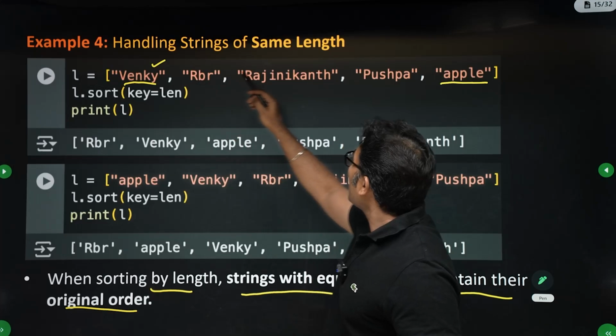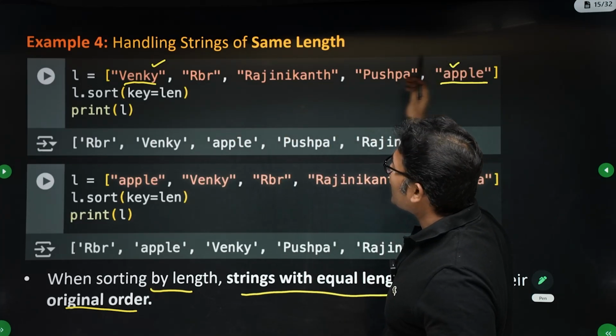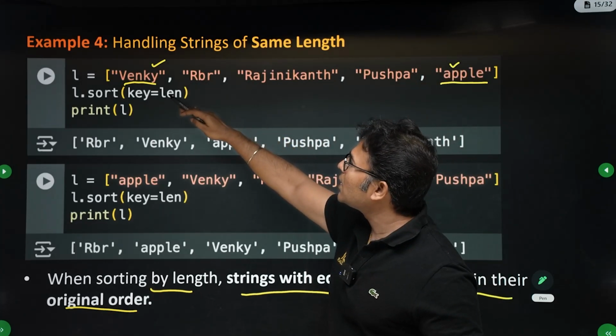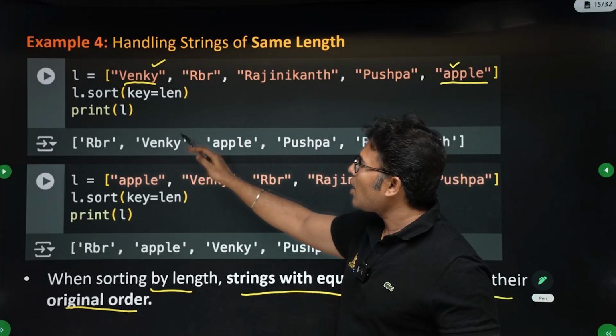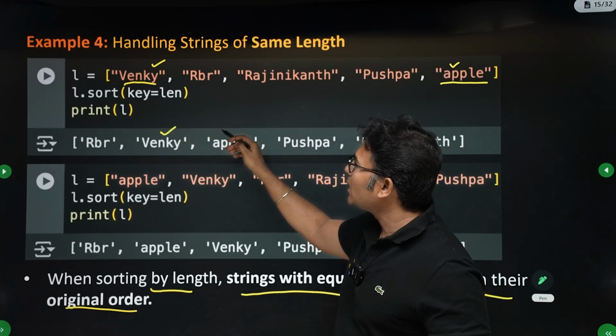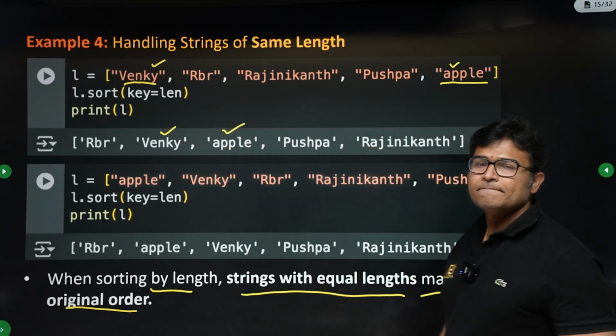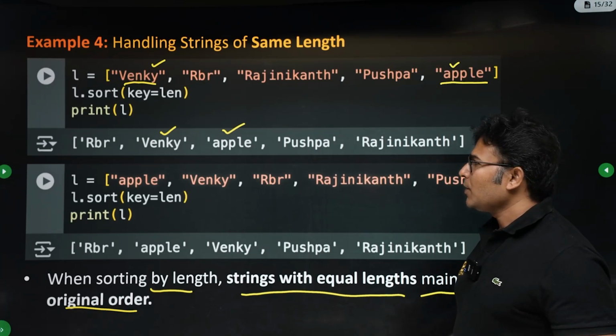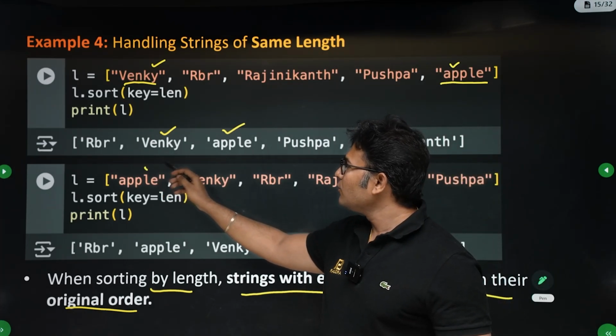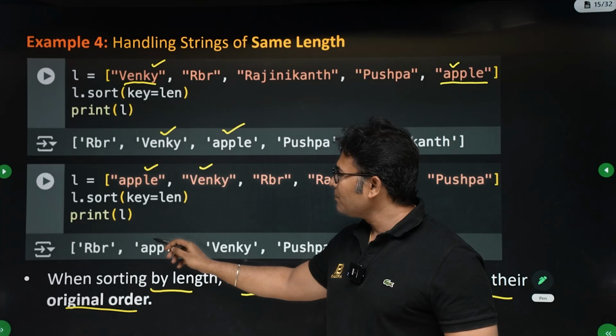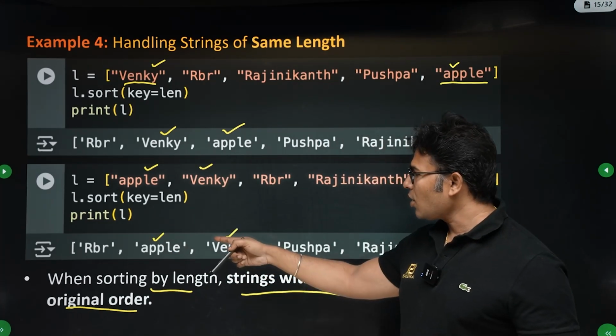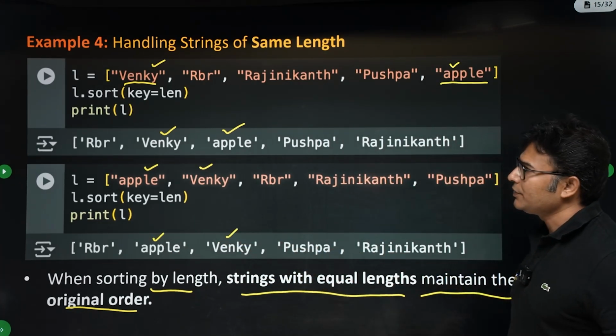Venki and Apple are of same length, but in the original order, Venki comes before Apple. Therefore, after sorting also, Venki comes before Apple. Right. Now here, if you write Apple first and then Venki, then Apple comes first, then Venki. But all of them are sorted based on the length. Okay.